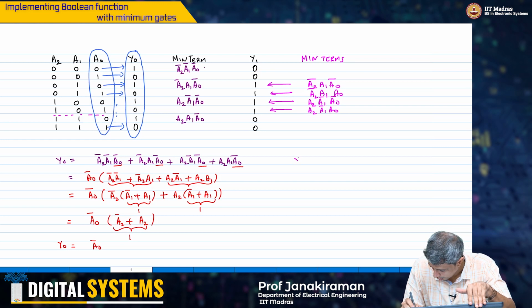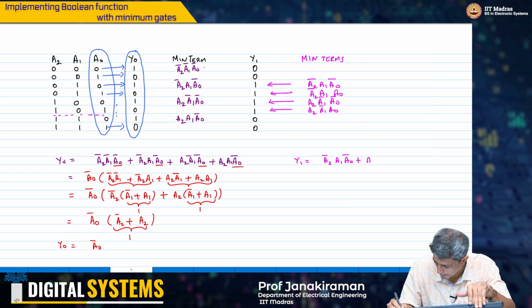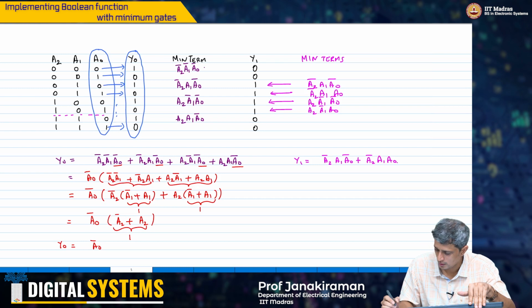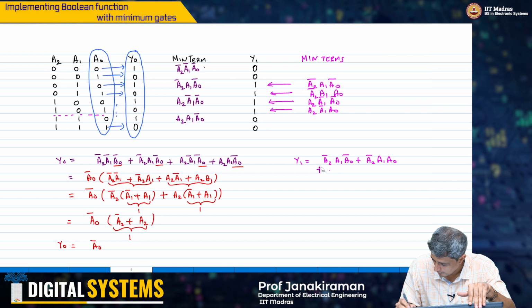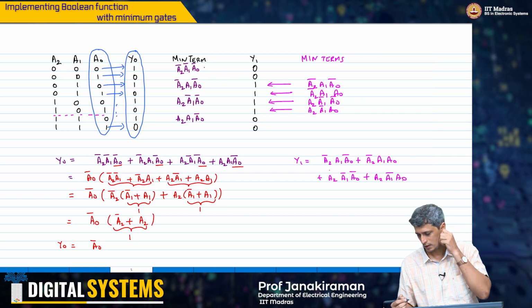Therefore, Y1 can be written as A2 bar A1 A0 bar plus A2 bar A1 A0, or A2 A1 bar A0 bar or A2 A1 bar A0.